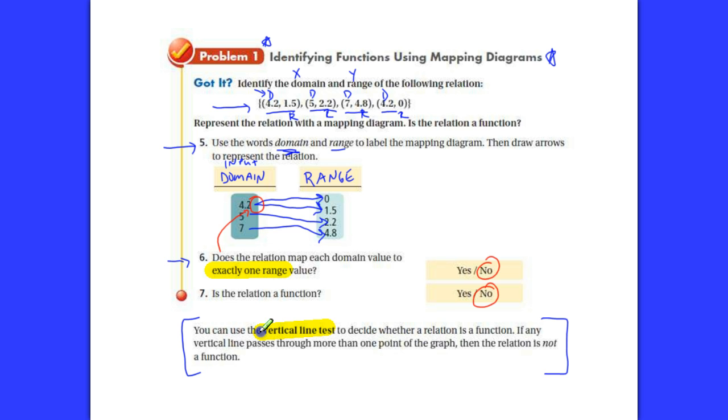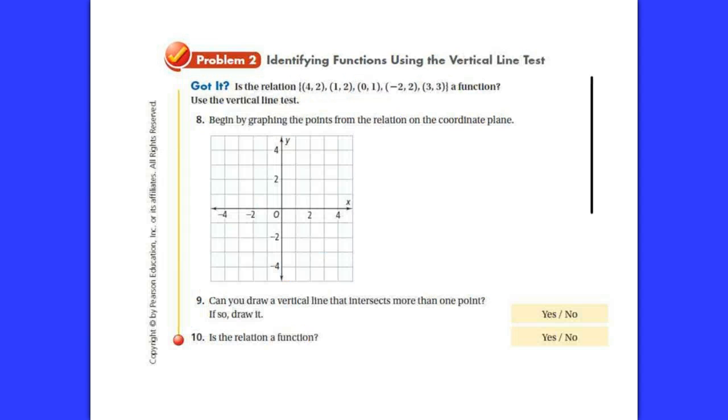You can use a vertical line test to decide if something is a function. If any vertical line passes through more than one point of the graph, then it is not a function. It might sound confusing, but I think it's a lot more simple to see as we'll look at problem 2 at the bottom of this page.